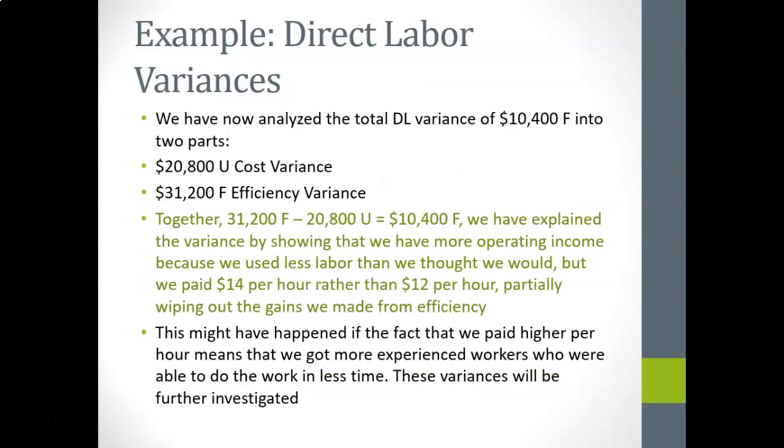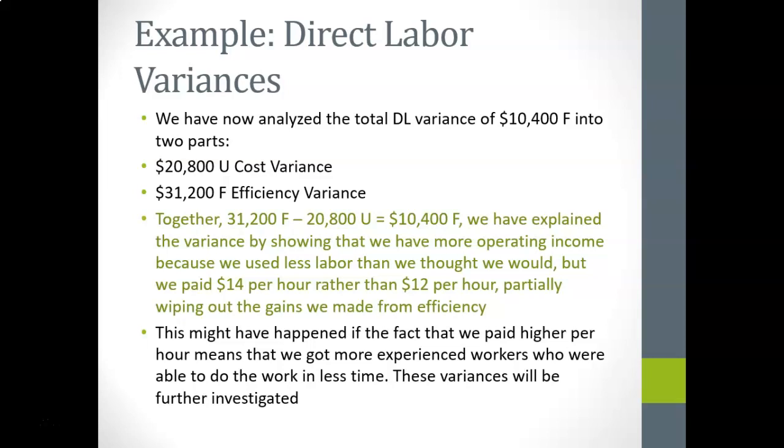Now we take a look at making sure that we've got it right. Okay, we had to explain a $10,400 favorable total variance into two parts, a cost variance and an efficiency variance. For the cost variance, we got 20,800 unfavorable. For the efficiency variance, we got 31,200 favorable. We have a favorable and an unfavorable, so we're going to subtract.